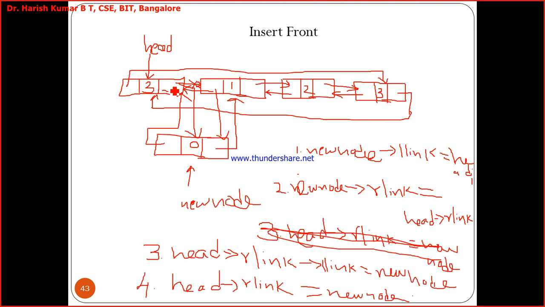Before updating the address of this new node with this node, if you just replace this, what will happen? The address of this node you will be permanently losing, and henceforth it will not be possible for you to access this node. Okay, now let me discard it.